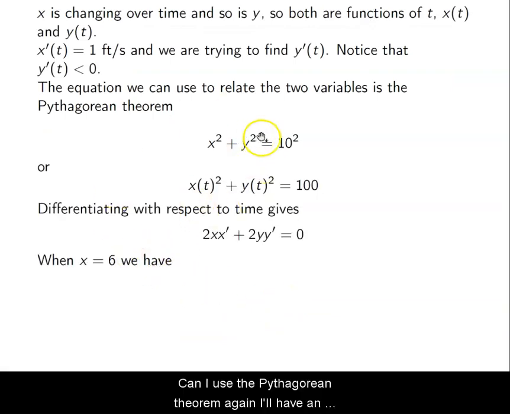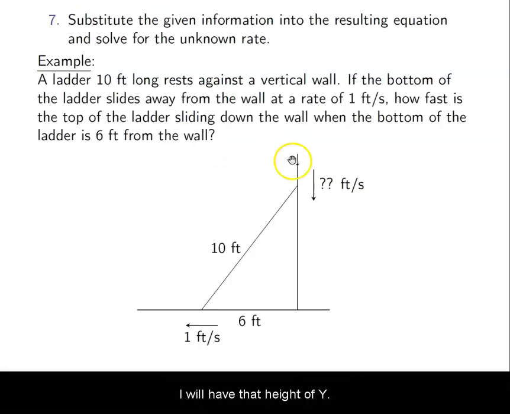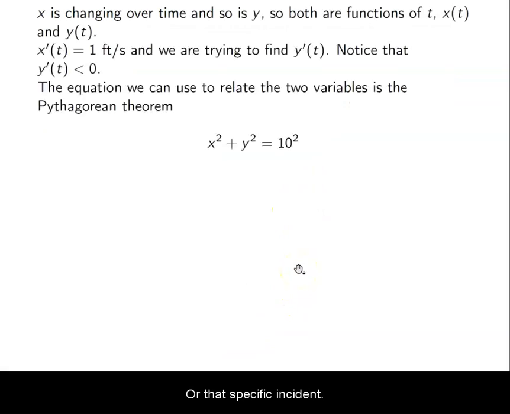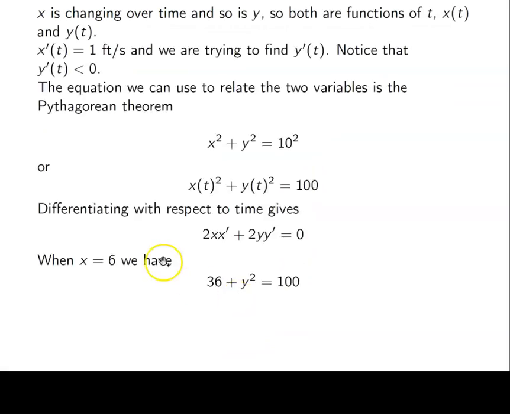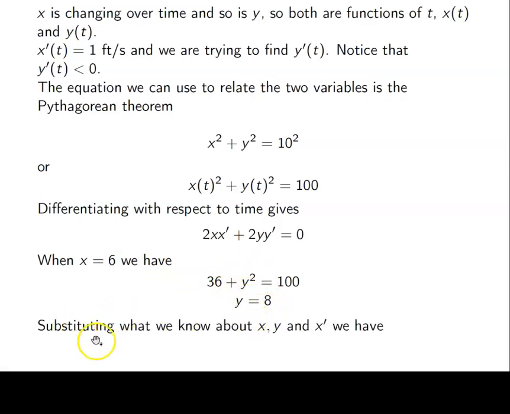If I use the Pythagorean theorem again, I'll have an actual exact value of y, right? So if I put 36 plus y squared is 10 squared, I will have that height of y for that specific instant in time. So I can plug in my x, which gives me my specific value of y, which is 8. And then I can substitute all the things I know, which is x, y, and x prime, which will leave me with the only thing I don't know, which is y prime.